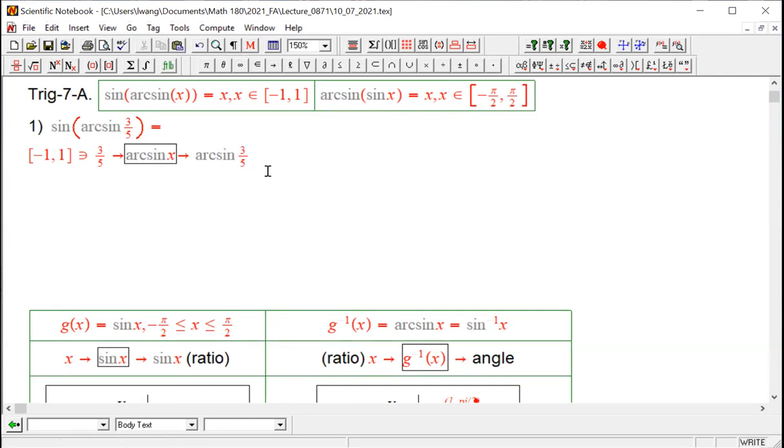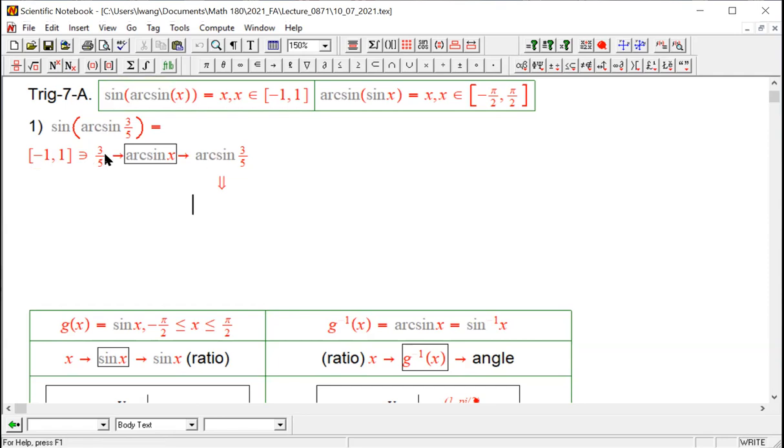This quantity is going to be inside the range of ArcSine.